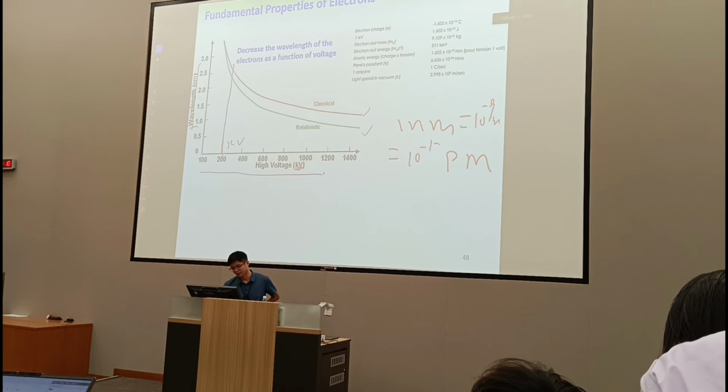This picometer is 10 to the minus 12. It's 1,000, correct? 1 nanometer equals 1,000 picometers.